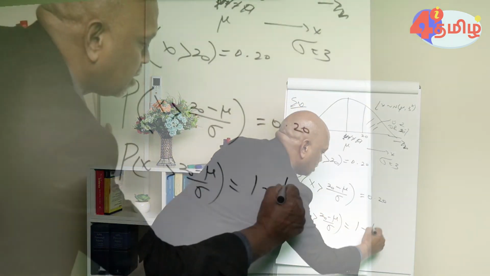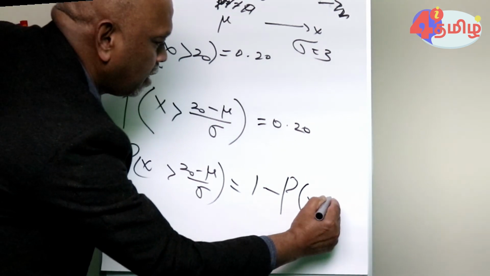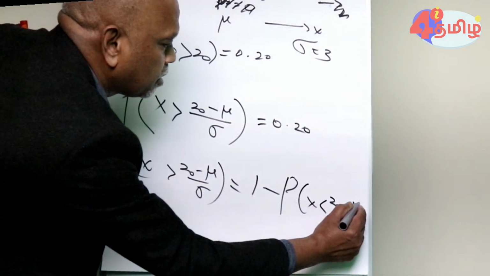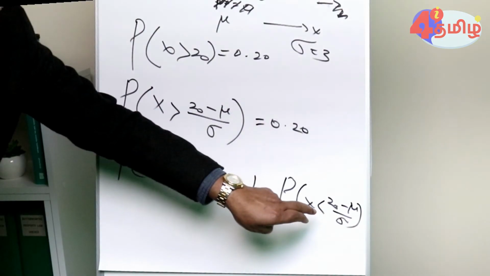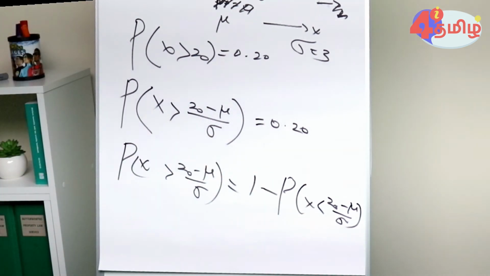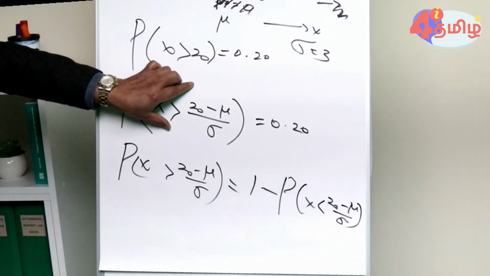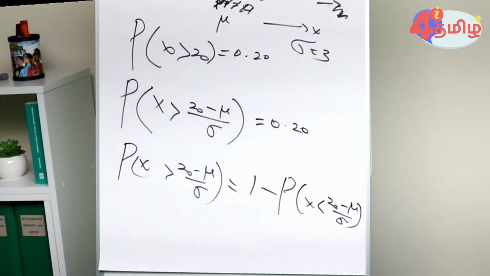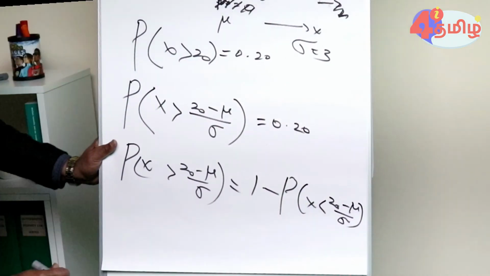So 1 minus P(X less than 20 minus mu over standard deviation). Simple as that. This is what we need to convert to in order to use a calculator. Otherwise you cannot achieve it. Then you can get the inverse and do it fine, but you need to use it this way so we can find this value.